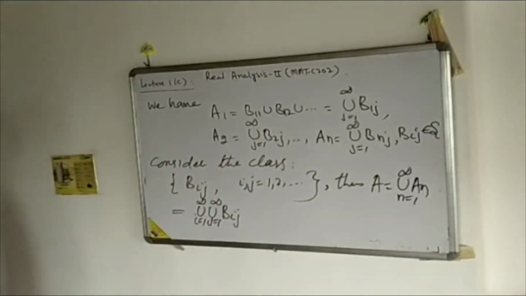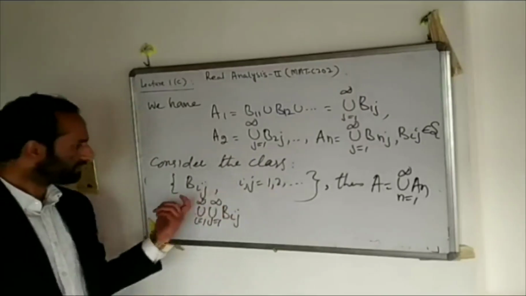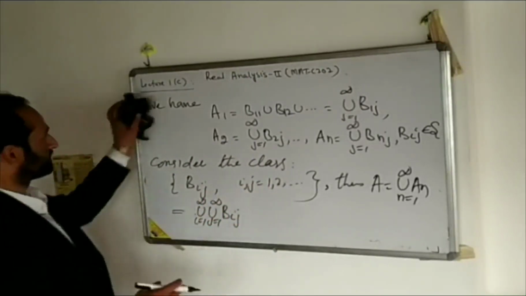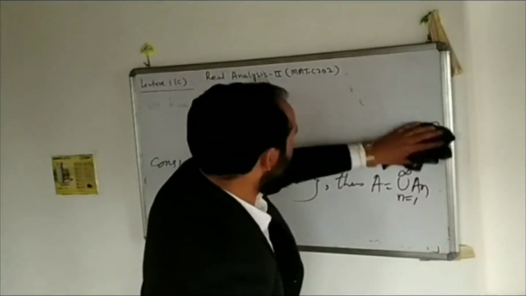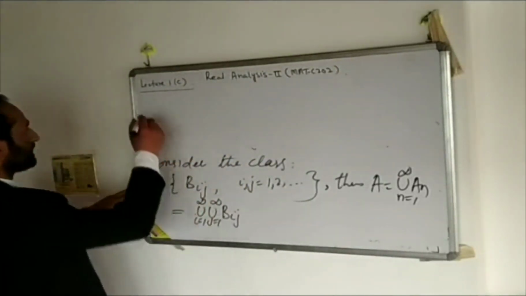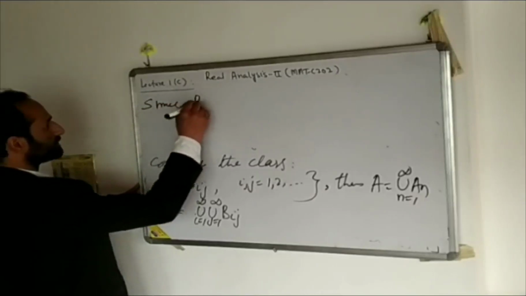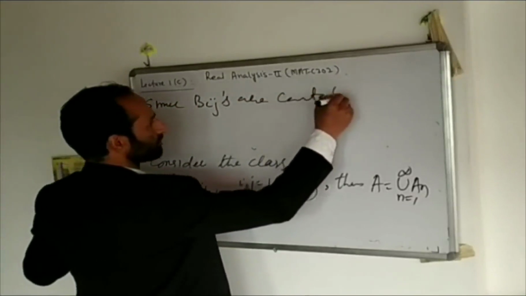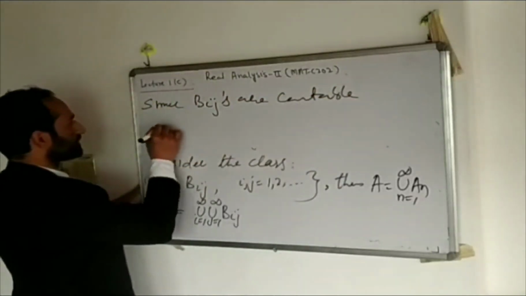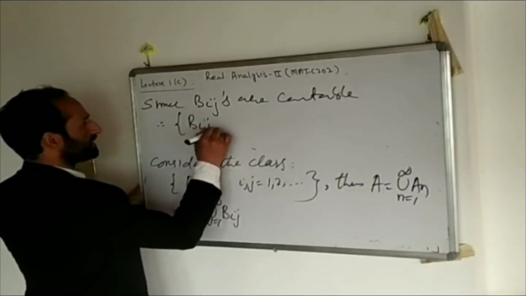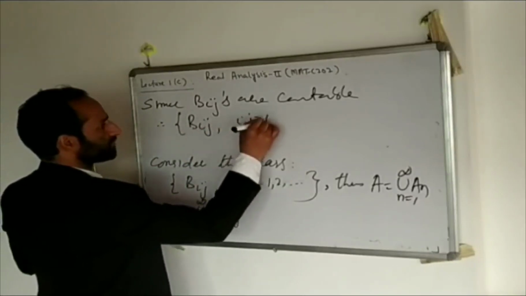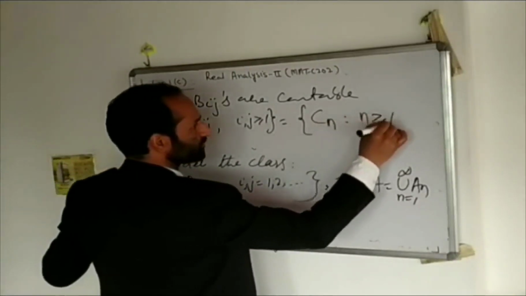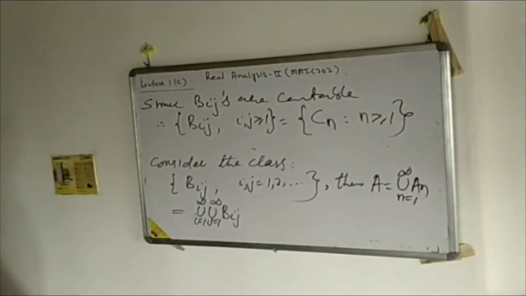Now since this class is countable, we can enumerate the elements of this class. Since the Bij's are countable, we can write the Bij, where i, j are greater or equal to 1, as Cn, where n is greater or equal to 1.